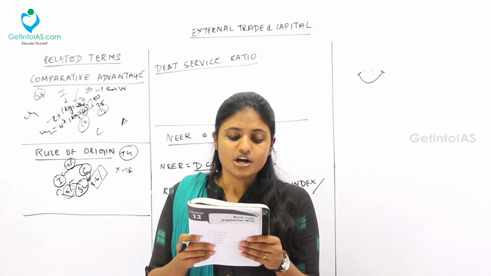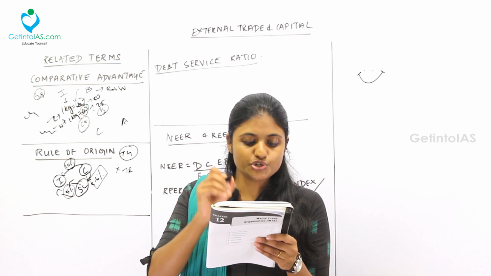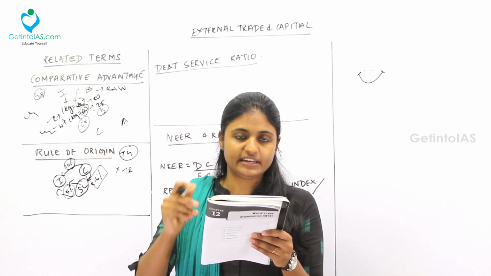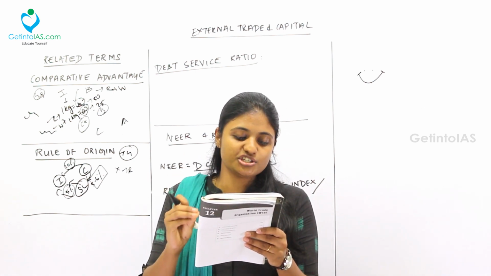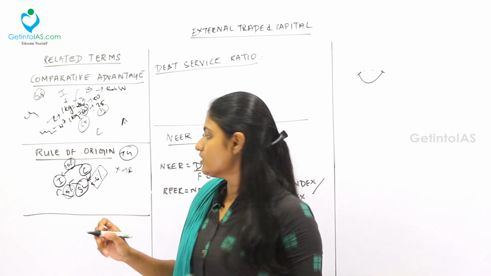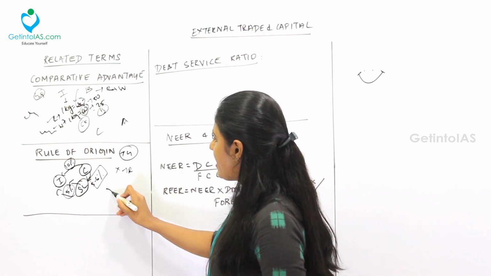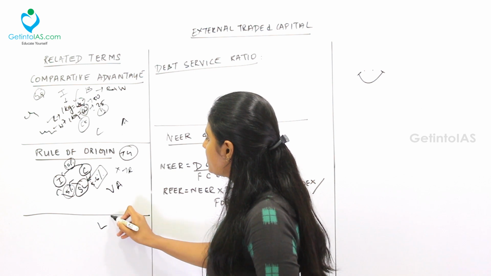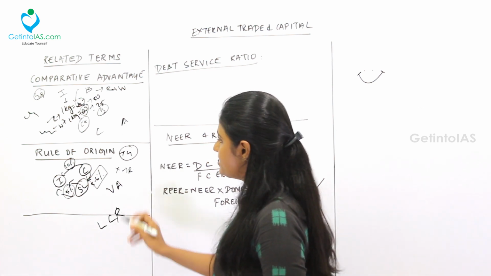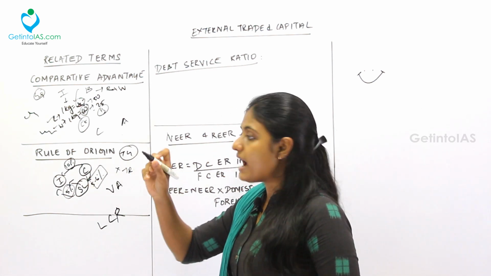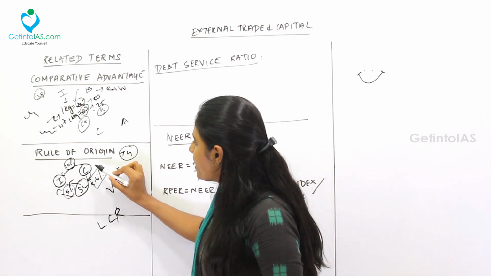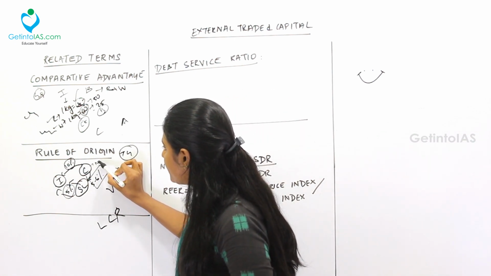See over here, the rule of origin is usually determined by two criteria, namely value addition or local content requirement. Under this, if a battery is coming from China, the rule of origin is like made in China.